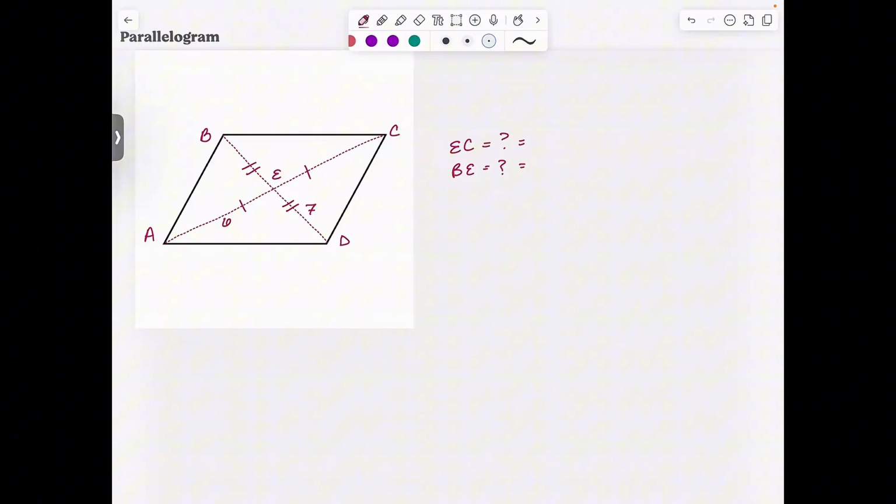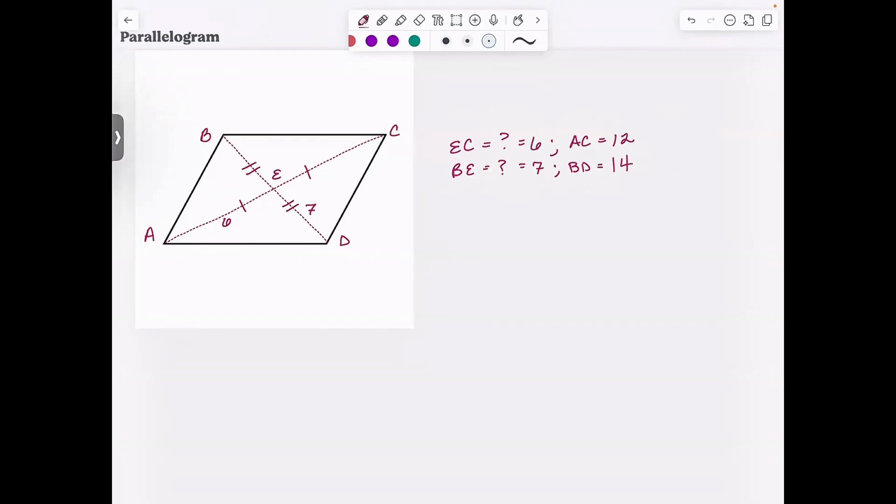So we know EC is 6, and we also know that AC would be a total of 12. And BE would be 7, because its corresponding part on the lower right-hand side is also 7. We also know that segment BD has a length of 14 units.